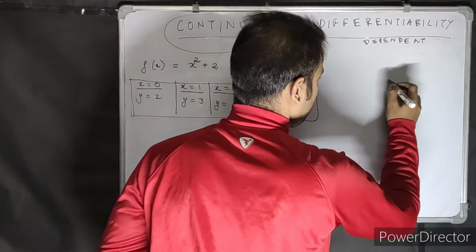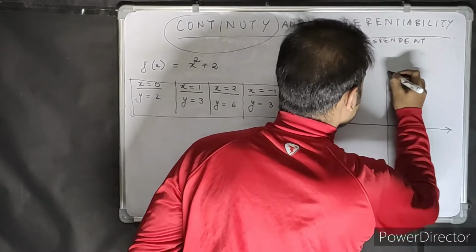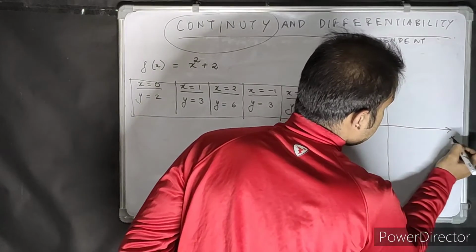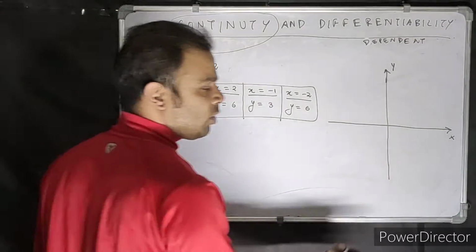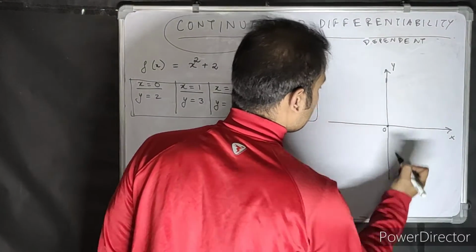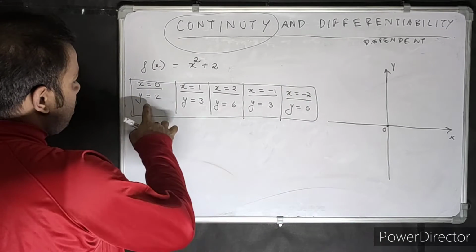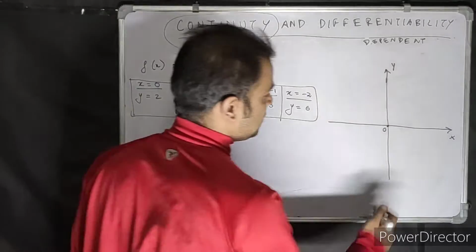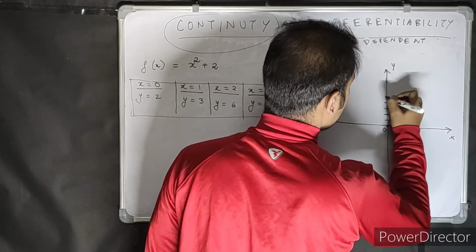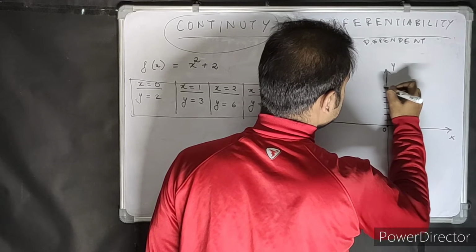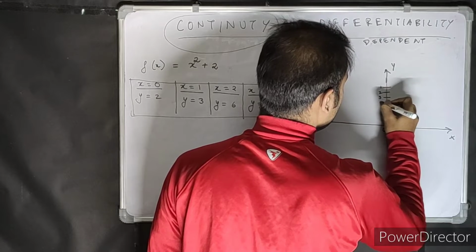Now let's start plotting. Now look at this. This is the x-axis, this is your y-axis. Now when my x is 0, this is the origin. So let's start writing all the points. On the y-axis we have till positive 6, so 1, 2, 3, 4, 5, 6, right till 7.